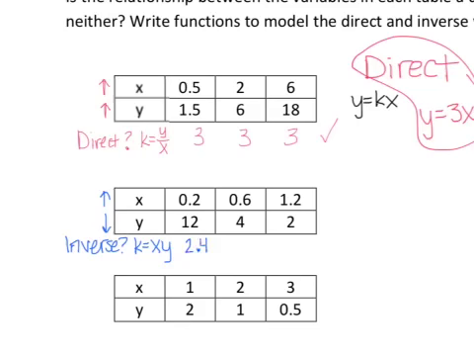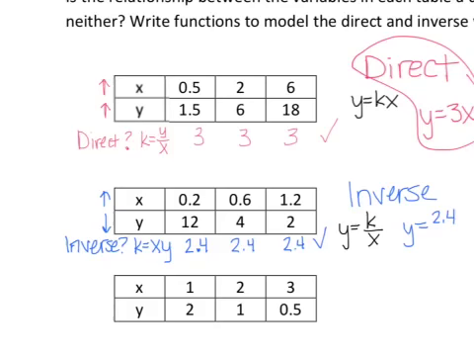What's 0.6 times 4? And 1.2 times 2? So this is inverse. Our equation for inverse is y equals k over x. So what do we get? y equals 2.4 over x. Just plug in the k that we got.